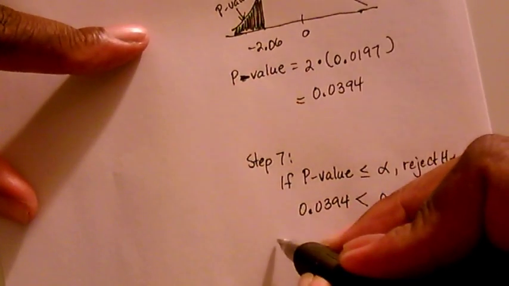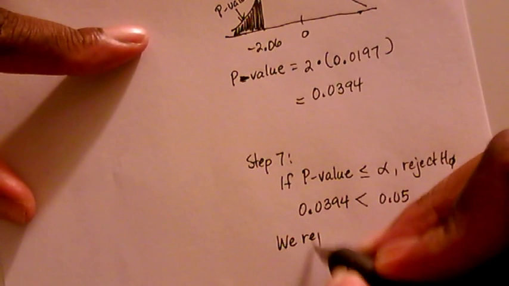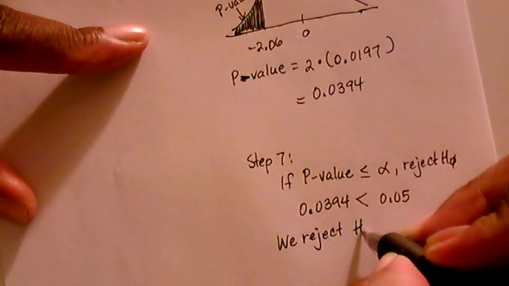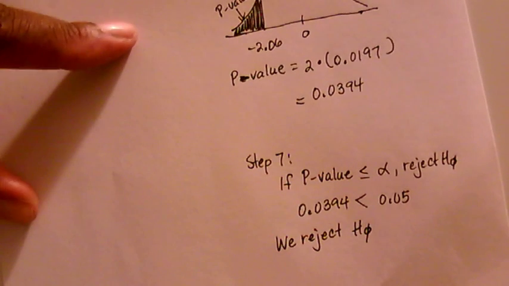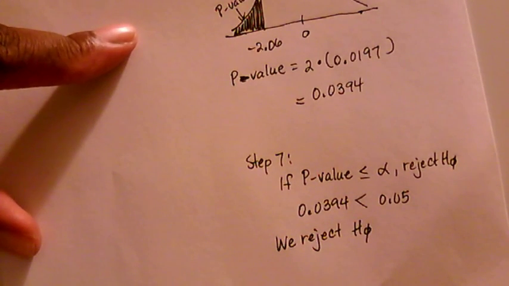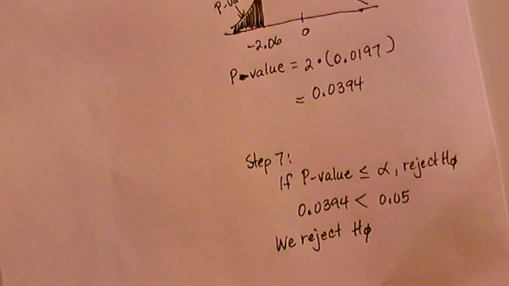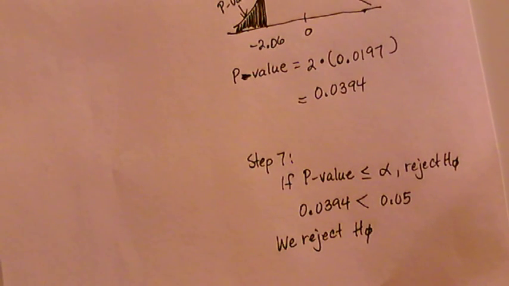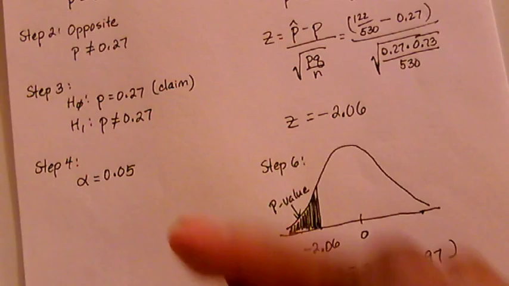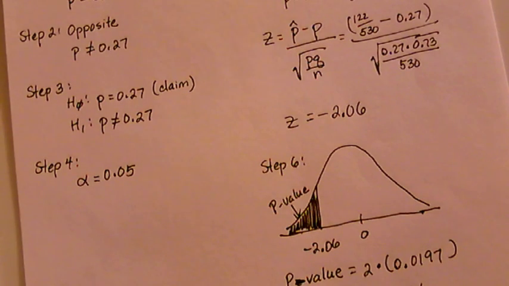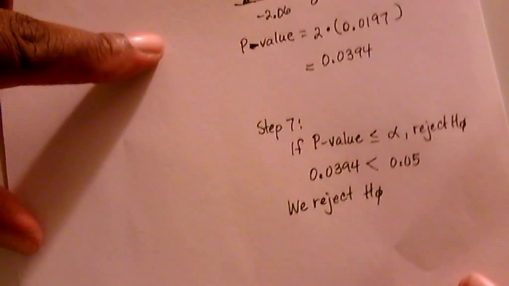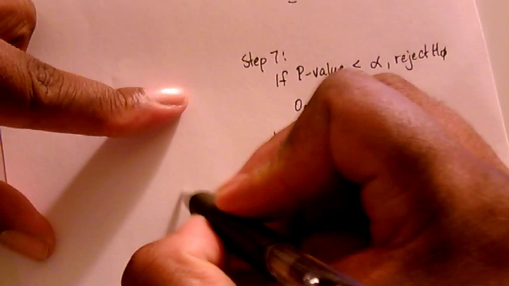So my conclusion here is this. We reject the null hypothesis. So that's step number 7, rejecting the null hypothesis or failing to reject the null hypothesis. And if we reject the null, we're also rejecting the claim that 27% of offspring peas will be yellow. Okay? So there's my conclusion statement, which is step number 8.